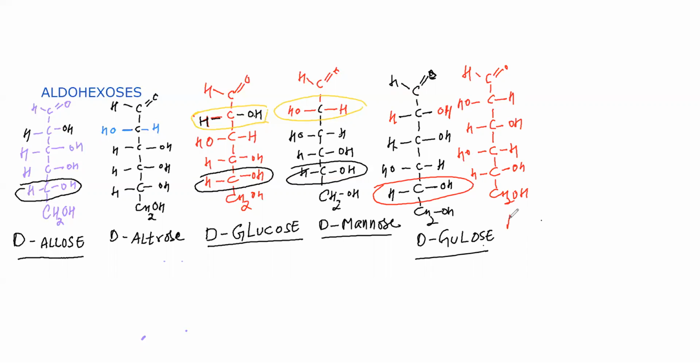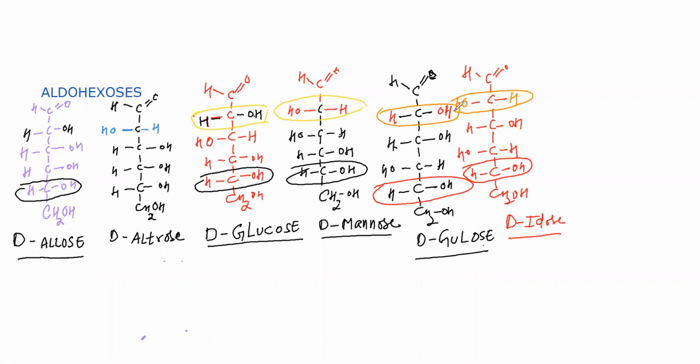So this will be called D-idose. And this is D. Here I'm using another structure, D-idose, and another color. This and this are different here. This is D-idose.